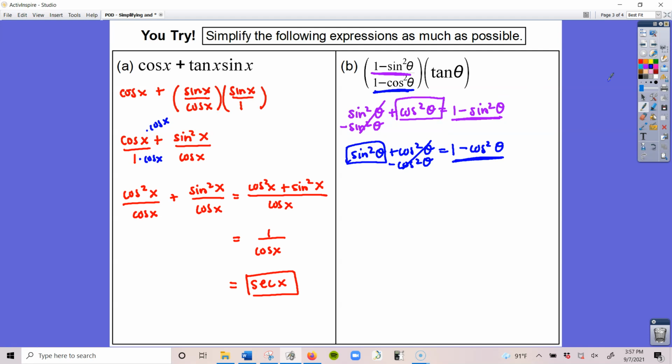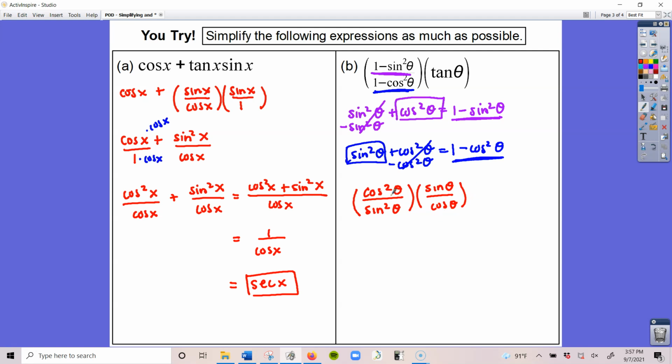So I'm going to replace what I got here to rewrite this. 1 minus sine squared is cosine squared over 1 minus cosine squared, which is sine squared. And this is being multiplied with tangent. And tangent is sine divided by cosine.